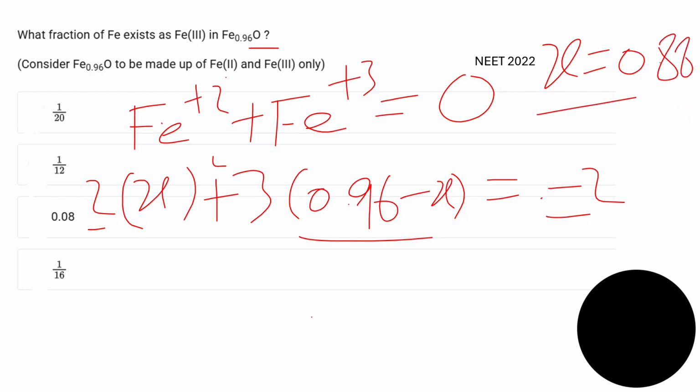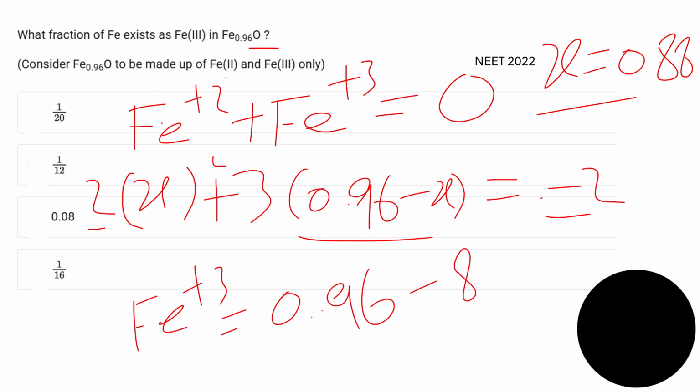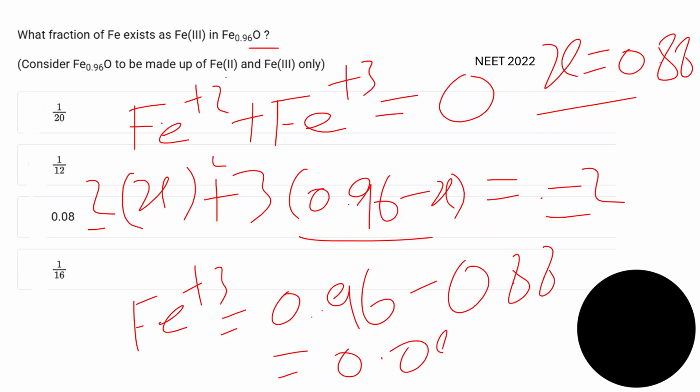Then Fe2+ is 0.88. What is Fe3+? Fe3+ is 0.96 minus 0.88, which is nothing but 0.08. Okay, this is very simple.